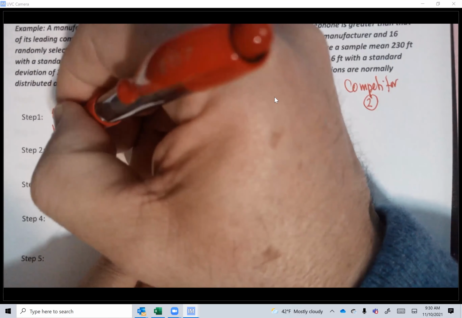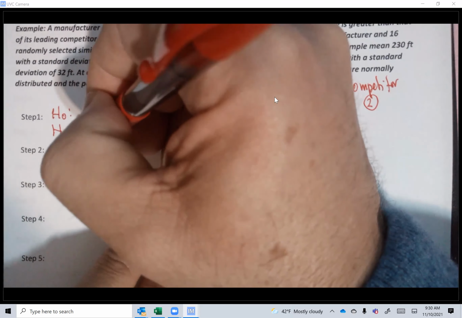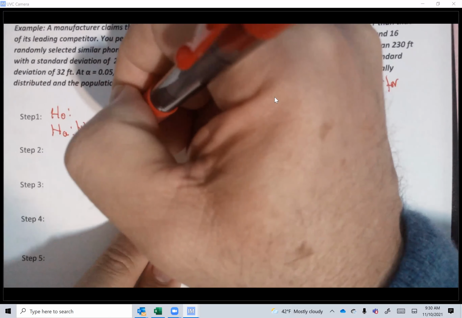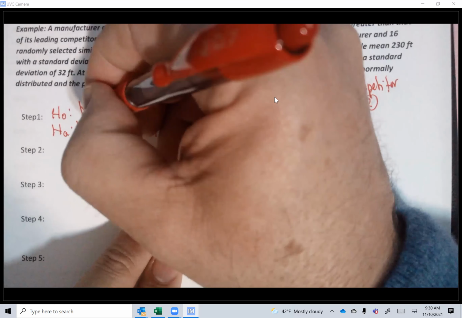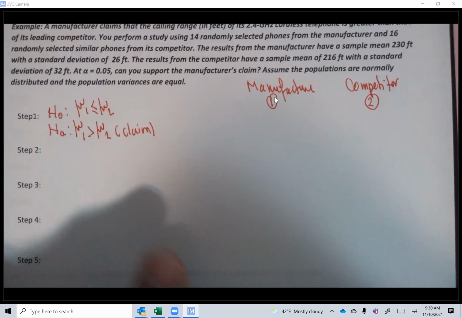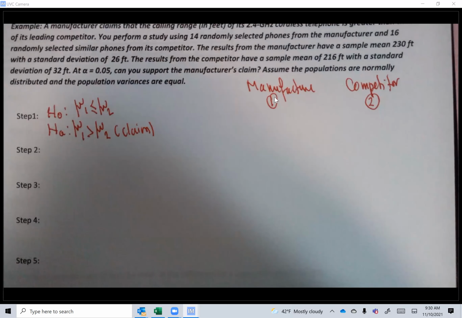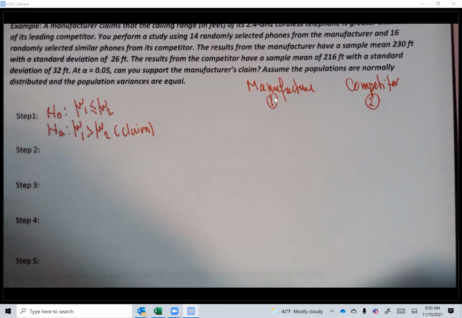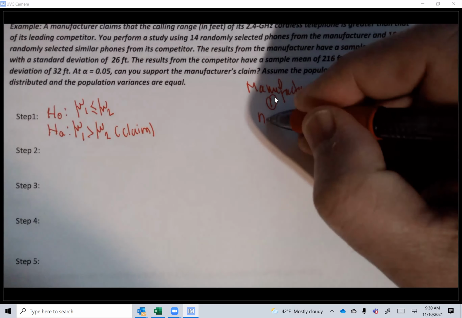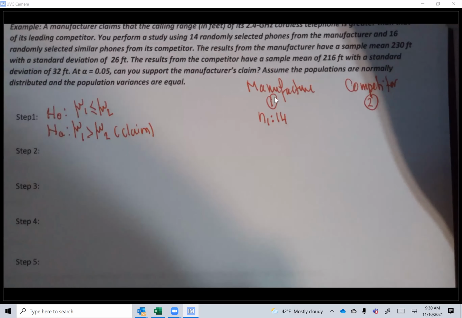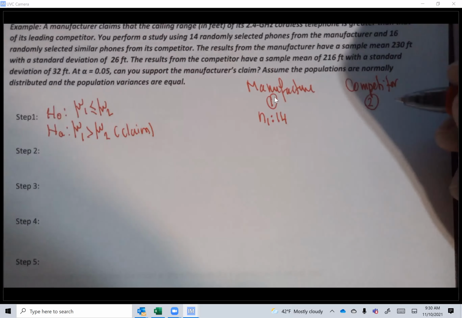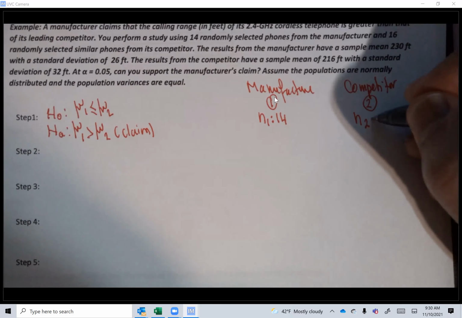Just copy and paste, guys, from the handout. All right, you perform a study using 14 randomly selected phones from the manufacturer. So N1 is 14. And 16 randomly selected similar phones from the competitor. So N2 is 16.